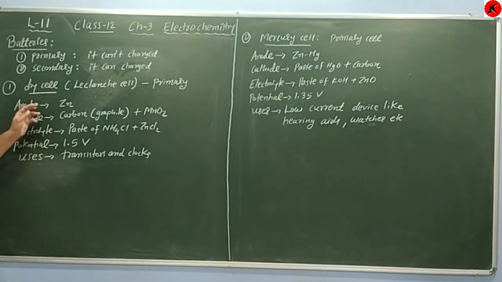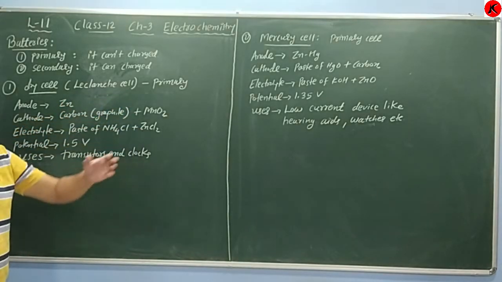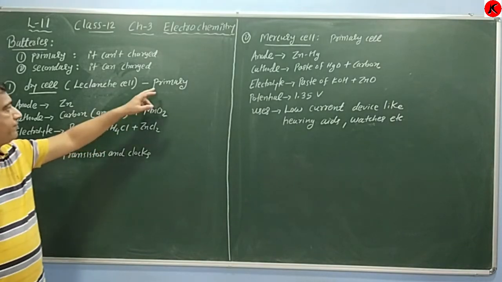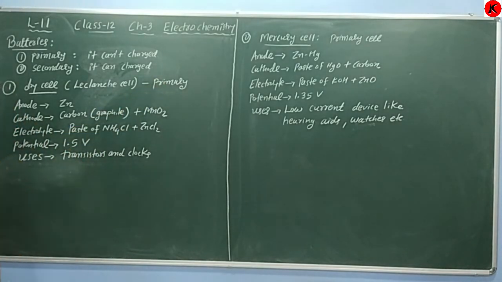Now, an example of a primary cell, that means a primary battery, is the dry cell. In daily life we know it as a pencil cell. It is known as the Leclanché cell because it was discovered by Leclanché. This is a primary cell, that means it cannot be charged. Now remember the following data.